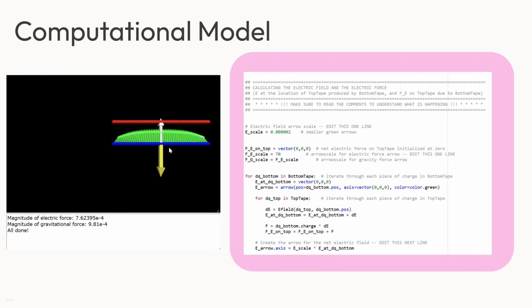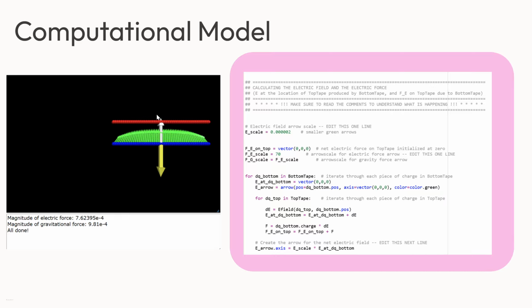If this piece of tape was a negative charge, the electric field is actually going to point downward, or radially inward, because it would be a negative charge. But here we have those arrows pointing up towards this other piece of tape, in the direction of our electric force.